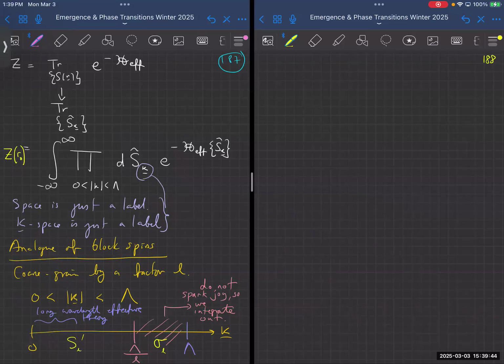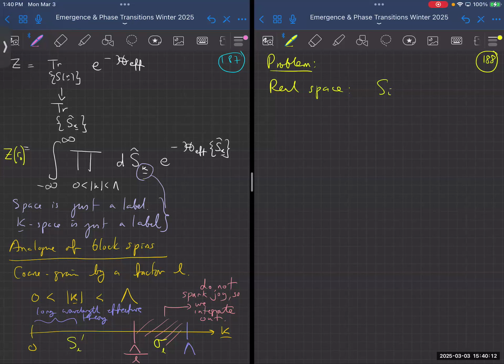All right. So there's a problem. So the problem is this: when we did the real space version, I had that sneaky projection operator.